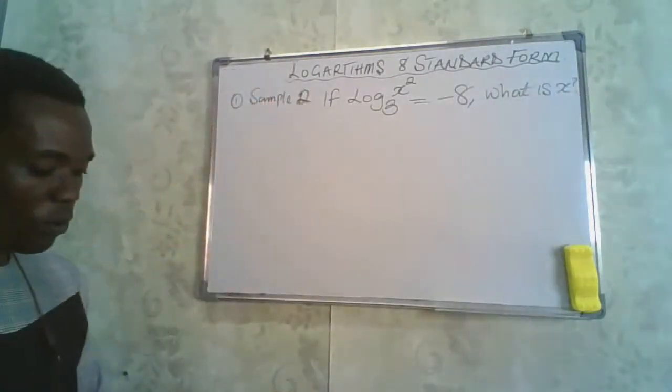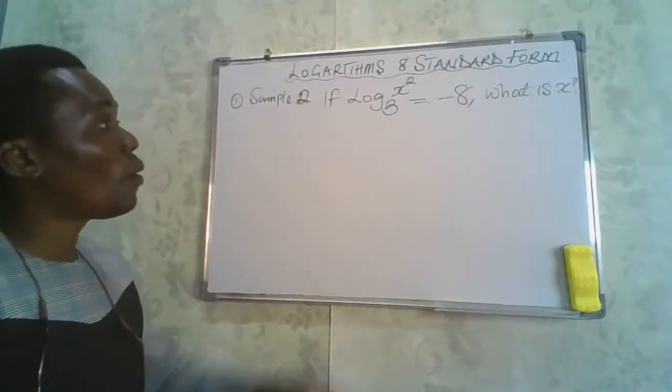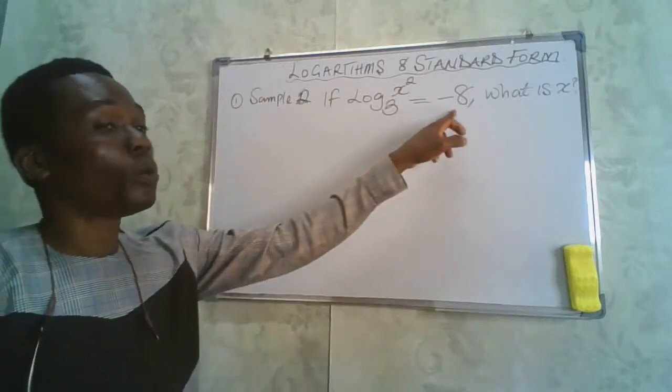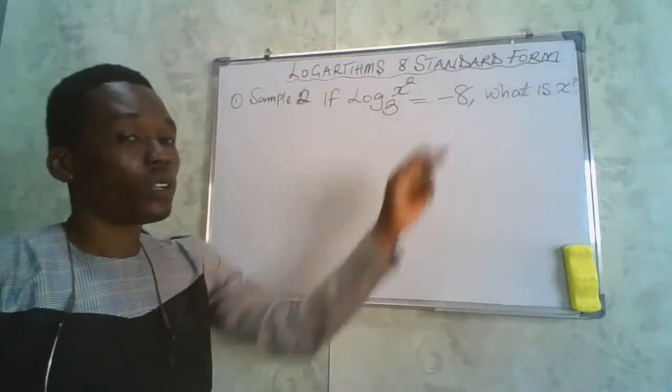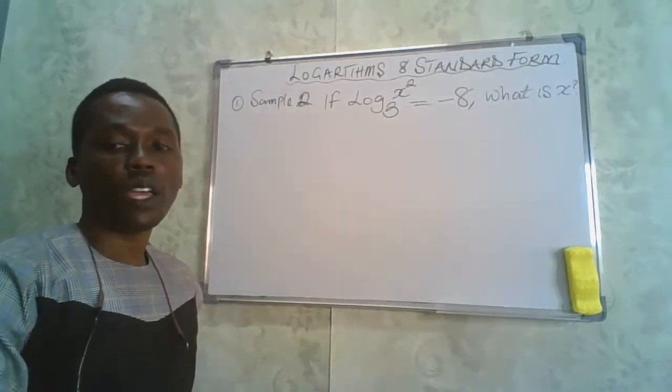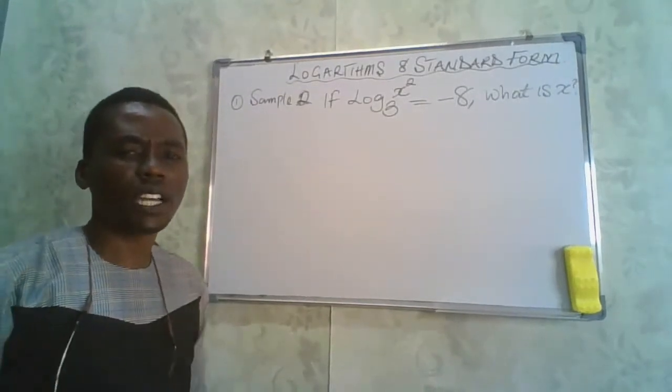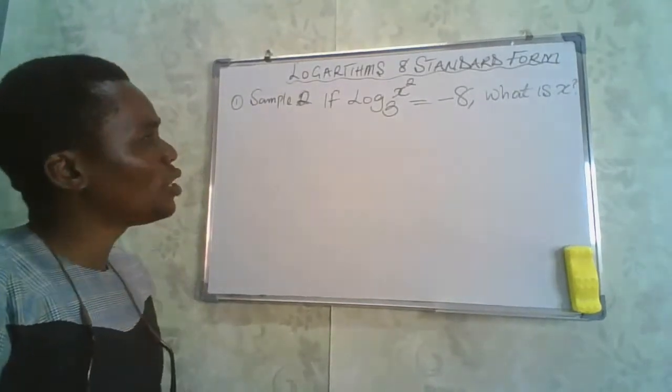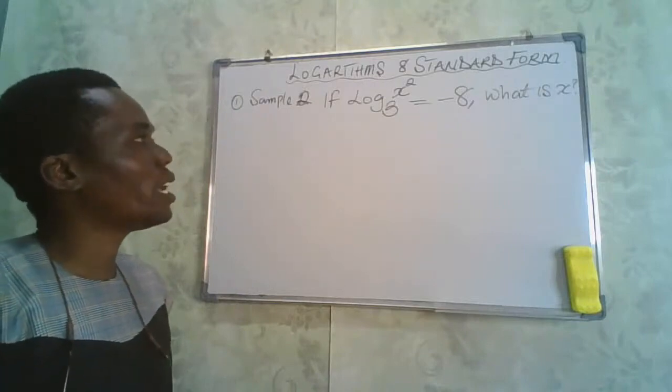If the log of x to the power of 2 base 3 is equal to -8, what is the value of x?